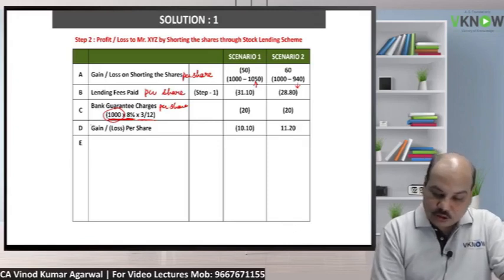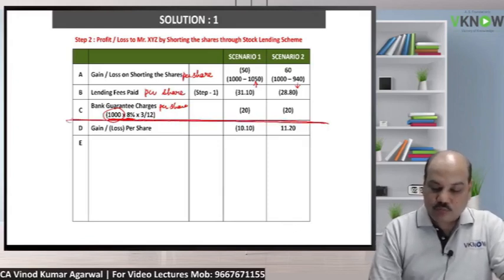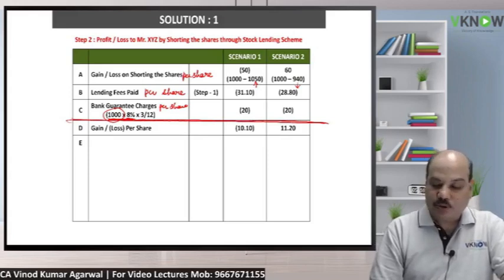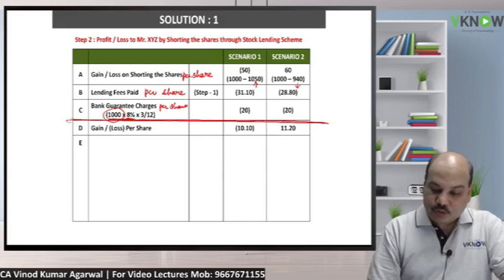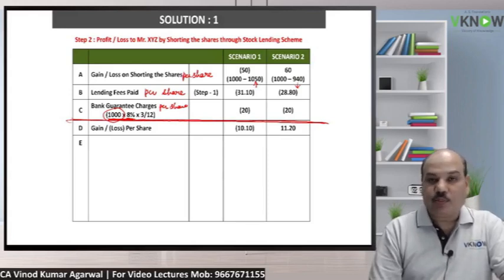Okay, so take the total now. Gain or loss per share. In the first scenario, 10.10, and 11.20.